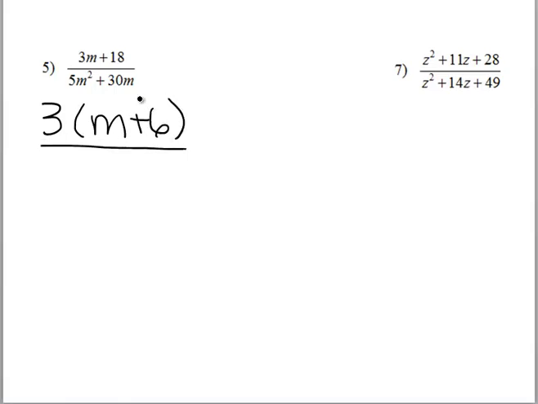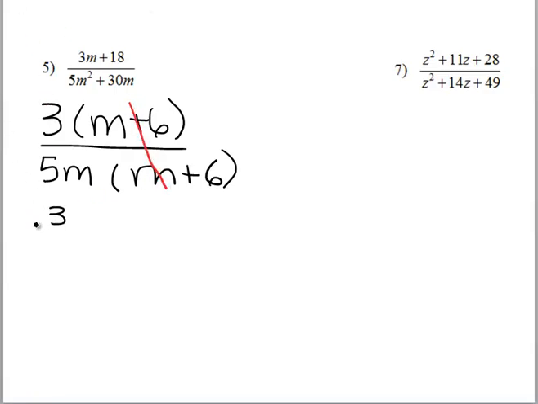And on the bottom, I have 5 and I have m. So 5m times m plus 5m goes in 6. And that one was pretty easy. M plus 6 cancels, and that leaves me with 3 over 5m. That one was pretty straightforward.